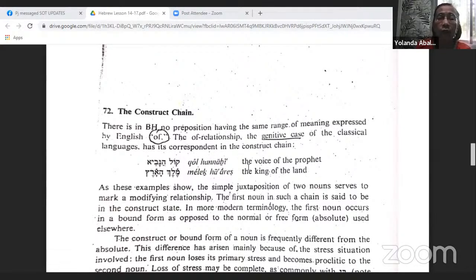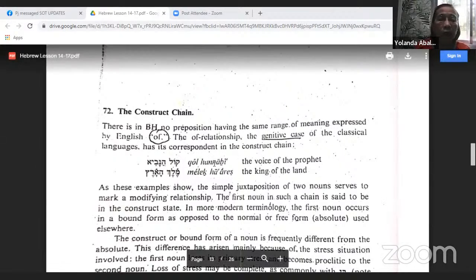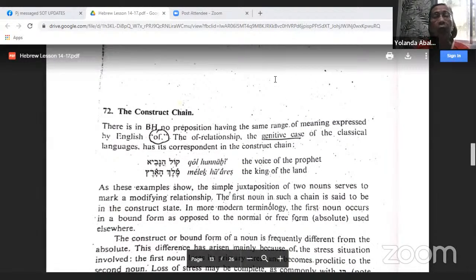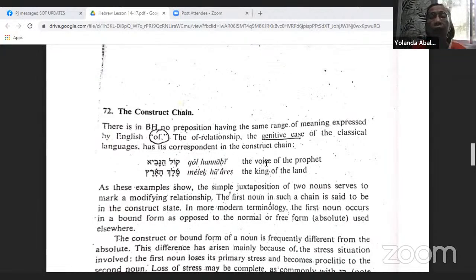The voice of. Kaninong voice? The voice of the prophet. So we have Kol Hanabi. Kol, the voice of Hanabi, the prophet. Next, we have Melech Haaretz. Melech, the king of Haaretz, the land. Ayan. So pagka dito, underlinean mo yung the voice of, the king of.